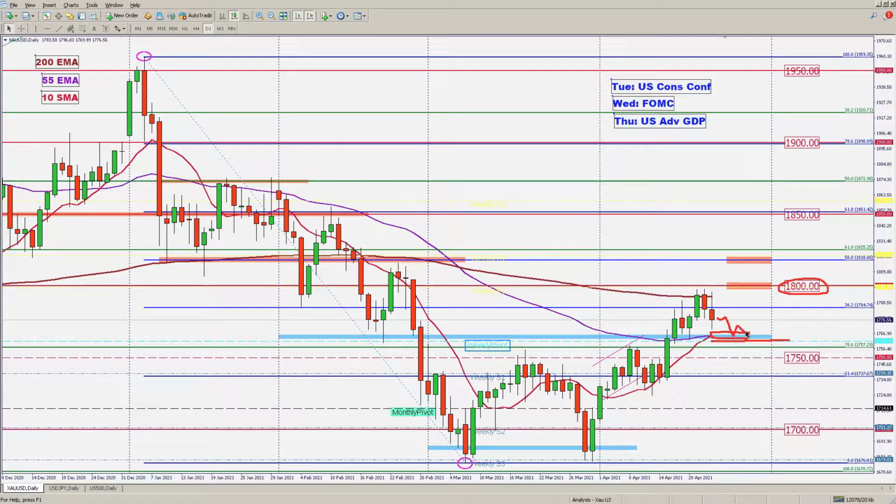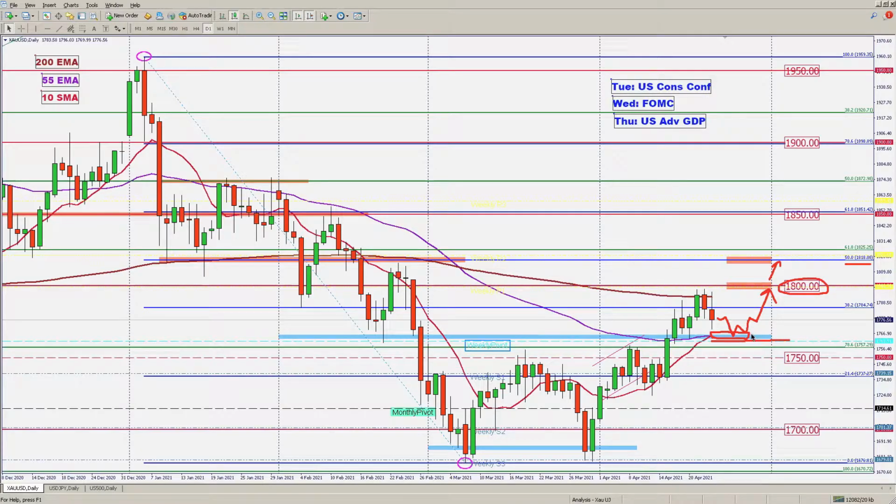So it could attempt to bounce off the 55 again and target the 1800 level. If it does break through, then it's going to go for the 50 percent retracement of this swing move down, at 1818.